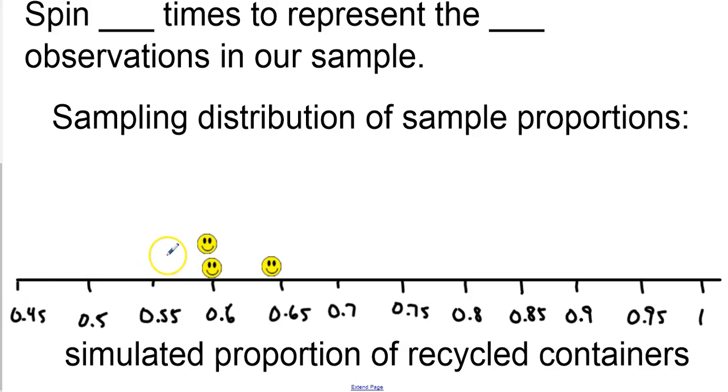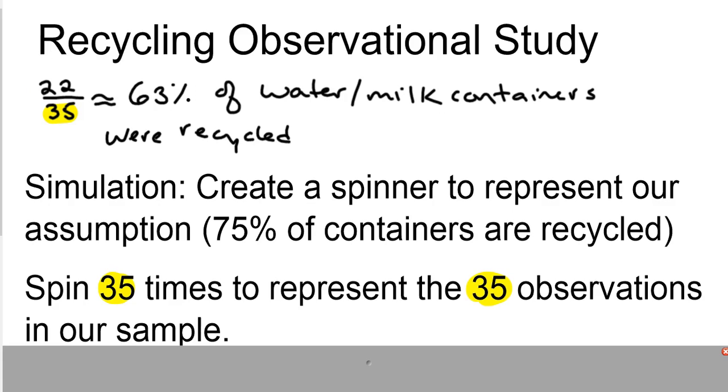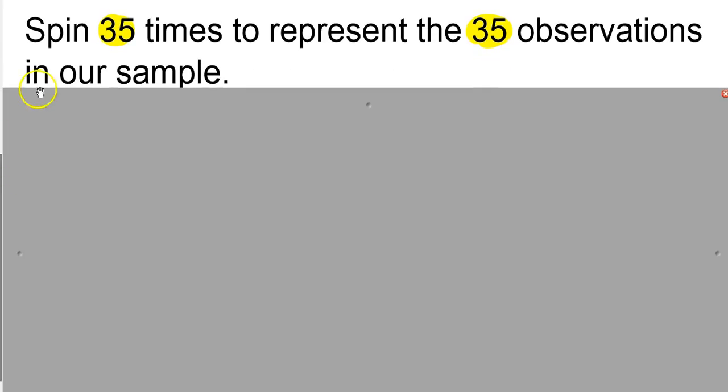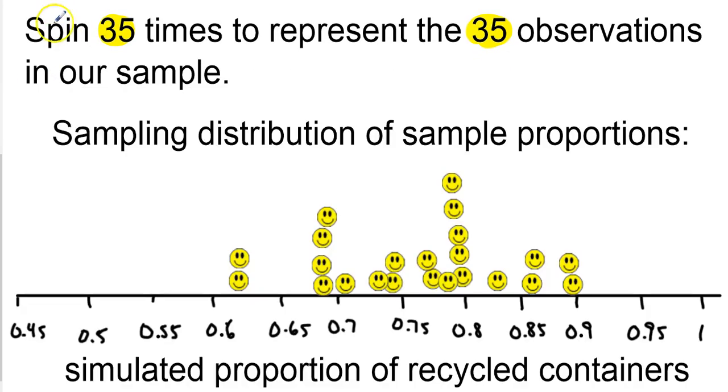Okay, so hopefully you took time to work that out. I would like you to put this graph, this dot plot, into your notes. And it should look something like this. Here's the one from my AC class. They had something like this. You can see it's kind of centered around 0.75, but there's not enough trials here to really see a nice bell curve.